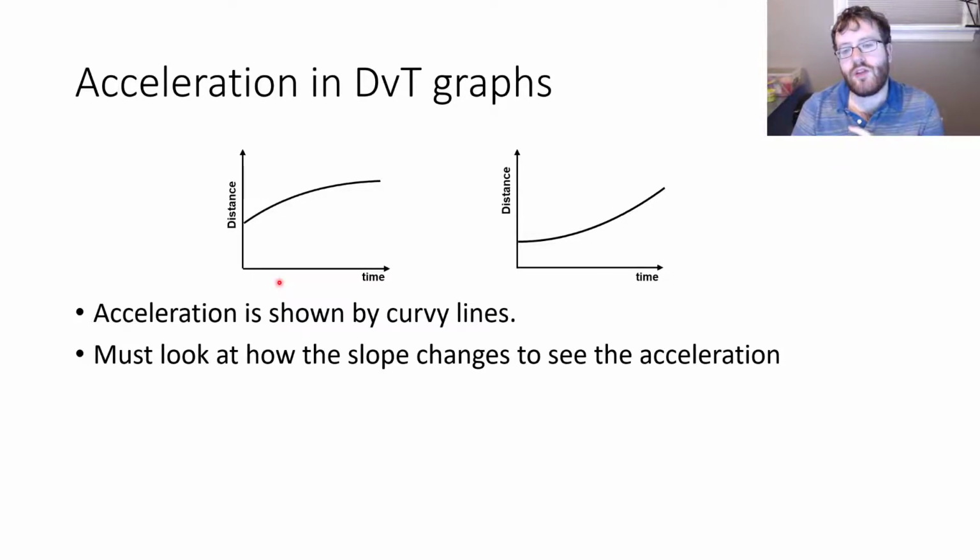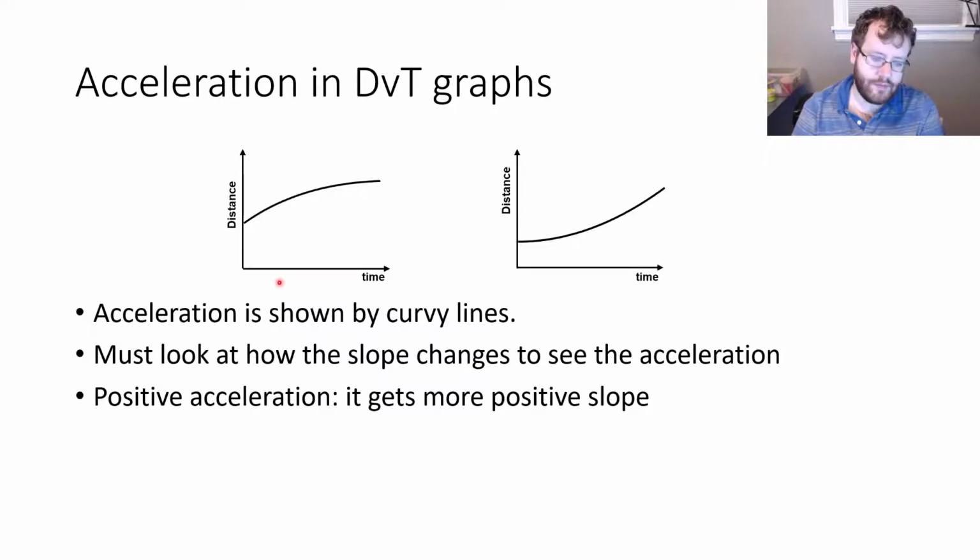And in order to find that acceleration, in order to properly discuss this acceleration, we have to see how the slope changes. A positive acceleration, one where you're speeding up, is where the slope gets more and more positive over time. So if we look over this right one, what I've done is I've drawn a tangent line, right at 0.